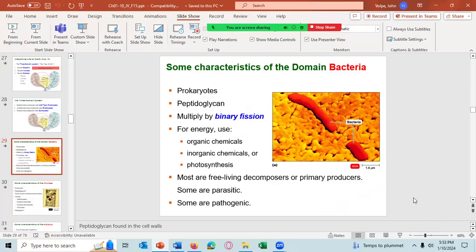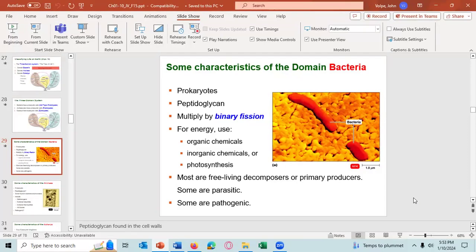Some characteristics of the domain bacteria. All of the bacteria are prokaryotic cells. They all have peptidoglycan, a molecule in their cell wall. They usually divide, or multiply, by binary fission. They can get their energy needs from any energy source: an organic chemical like glucose, an inorganic chemical like sulfate, hydrogen sulfide, iron.